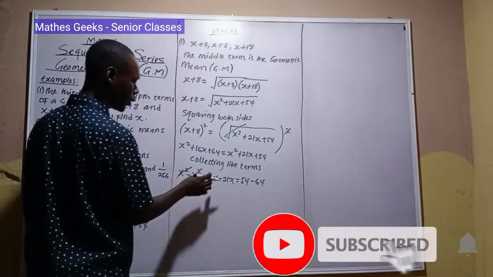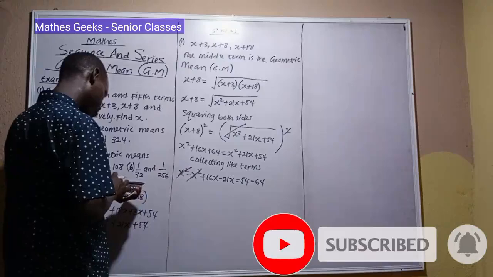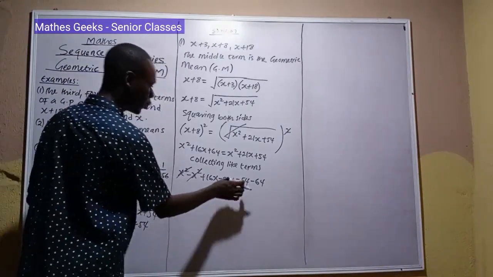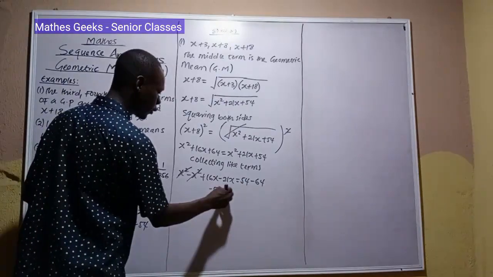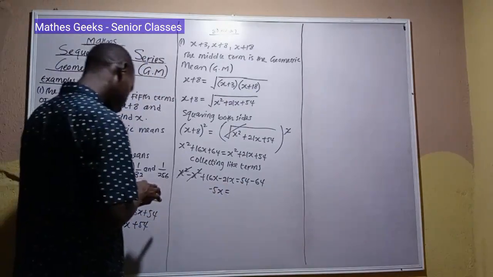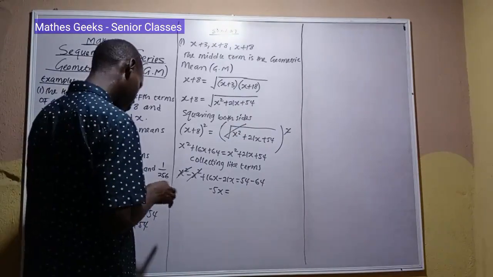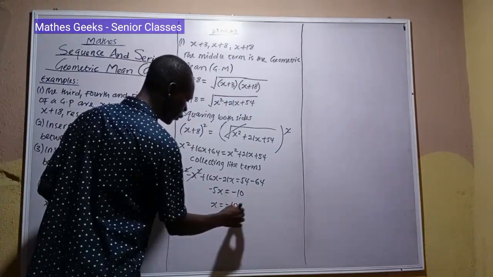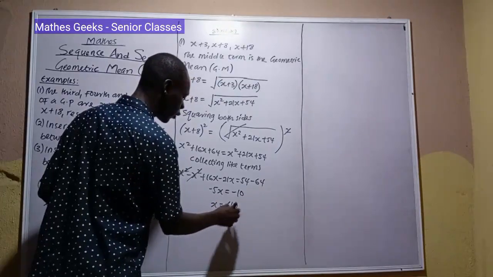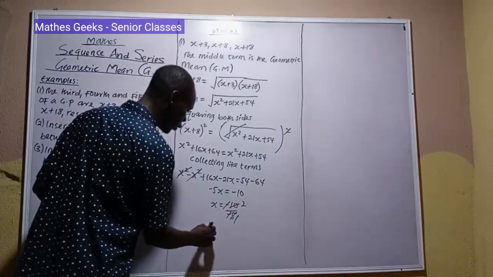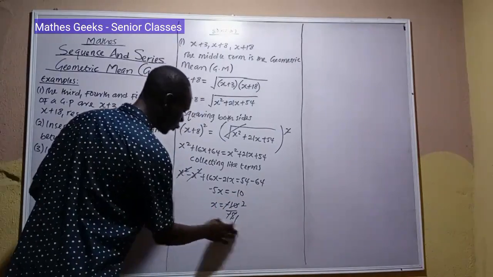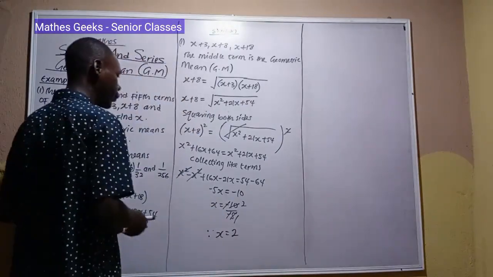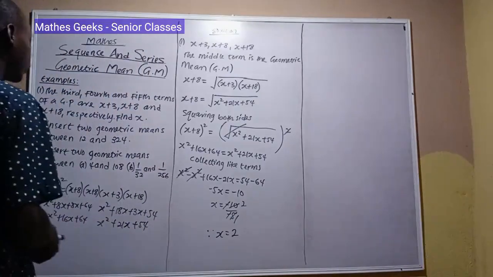So the x squared cancels. 16x minus 21x is minus 5x, and 54 minus 64 is minus 10. So x equals minus 10 over minus 5. The minus signs cancel out, and 10 over 5 is 2. Therefore x is equal to 2. So the value of x is 2.